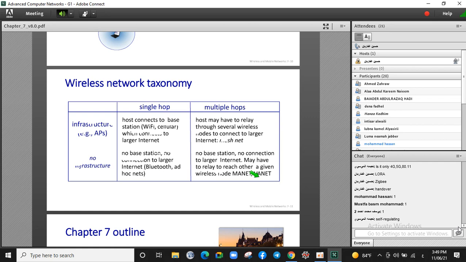So instead of doing everything manually, we can use VANET, for example.